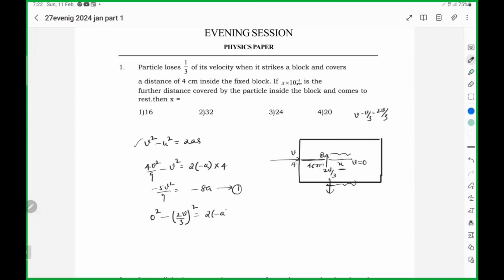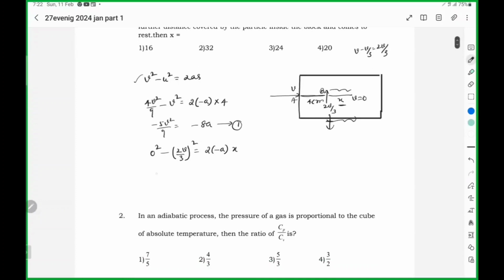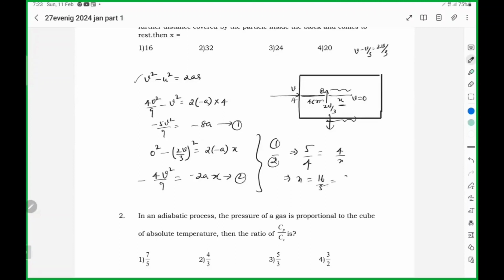It is also retarding over a further distance x. So 4v square by 9 is minus 2ax. Dividing one by the other gives 5 by 4 equal to 8a by 2ax. X here is 16 by 5, which is 3.2.